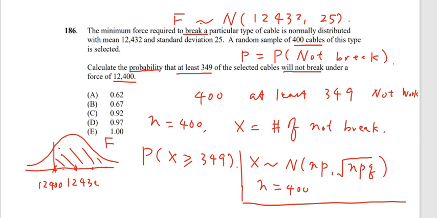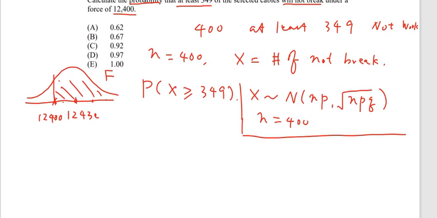So not break is a probability, right? Okay. So not break is needing more force. Okay. So there's P, the probability. P equals the probability that it is larger than this. Okay, so not break means need more force to break, right?